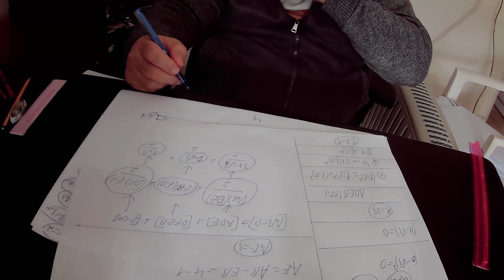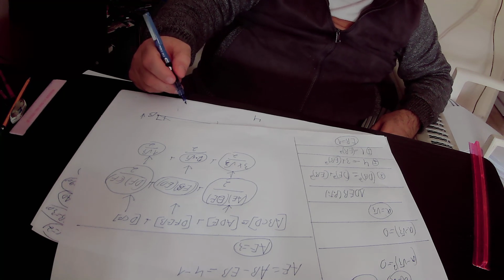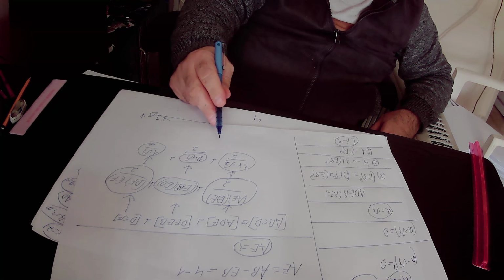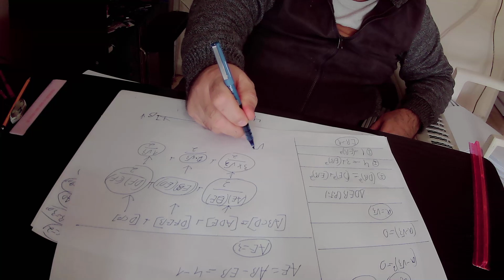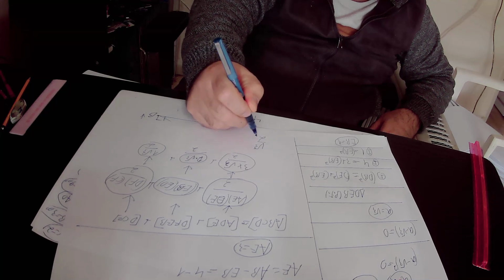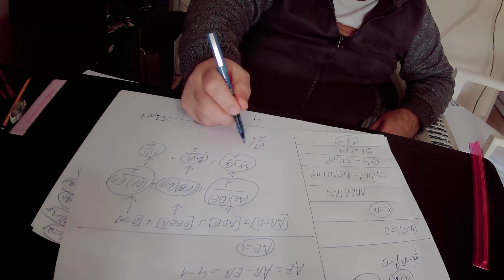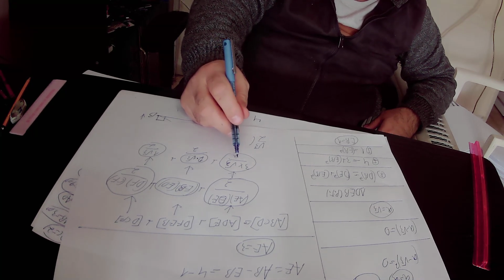In the next step, we will take out a common factor of the square root of 3 over 2 from these three expressions. So the square root of 3 over 2 is the common factor of those three expressions. After we took the common factor from the first expression, what is left is 3.